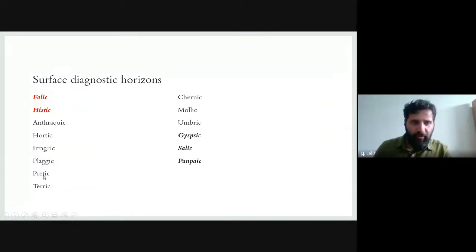If you follow this order, you can easily classify every surface horizon, every diagnostic horizon, okay? Just follow this order because we have some specific soil properties that could be present in more than one. So if you follow this, you can easily identify any surface diagnostic horizon, okay?